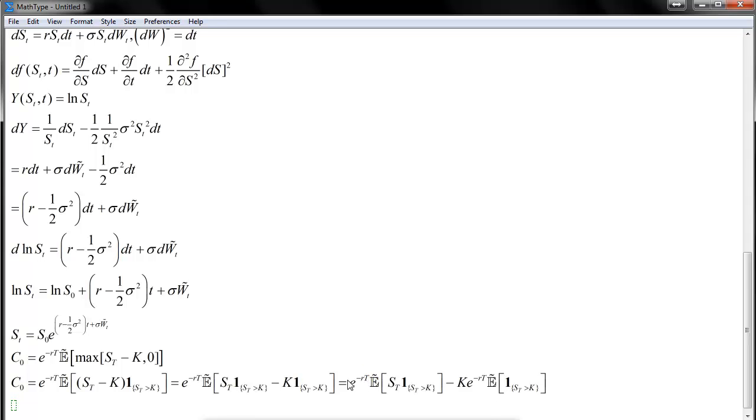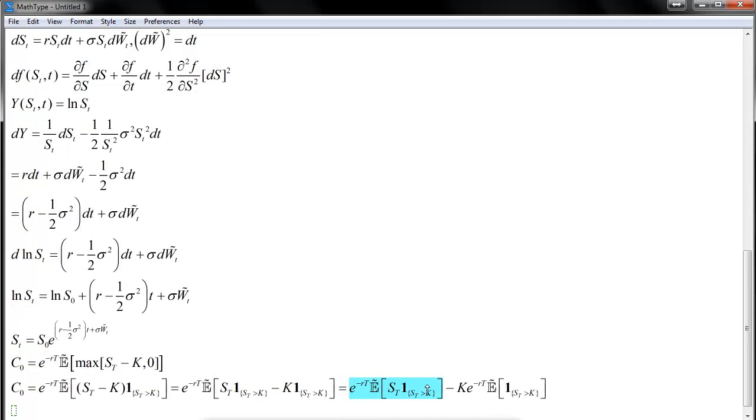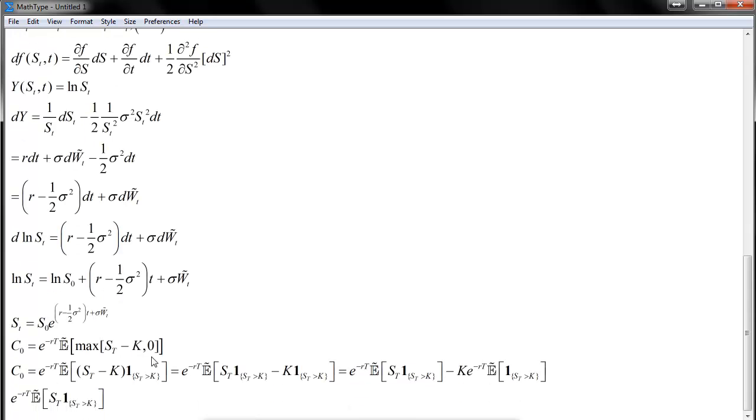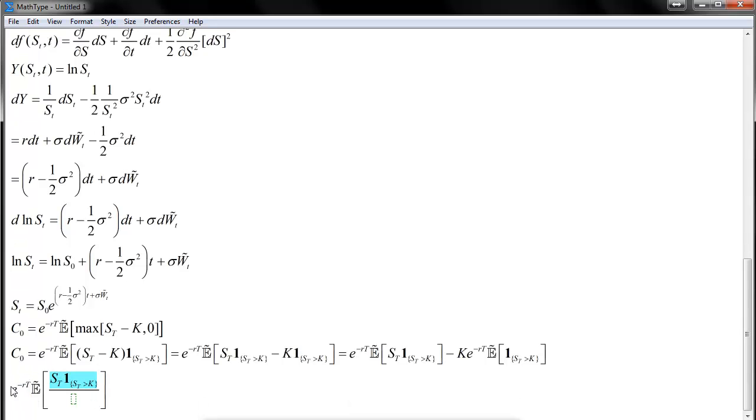Well, let me just focus on this term. If I put this back to the expectation term, I can do that. Then it means that in the denominator there will be Bt.